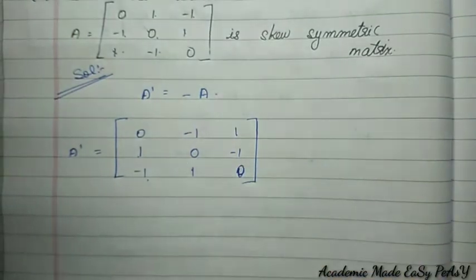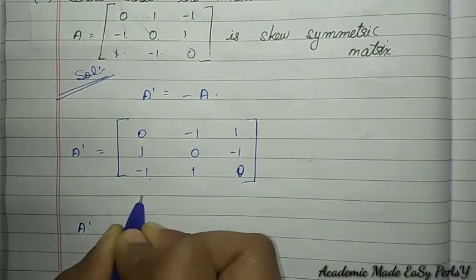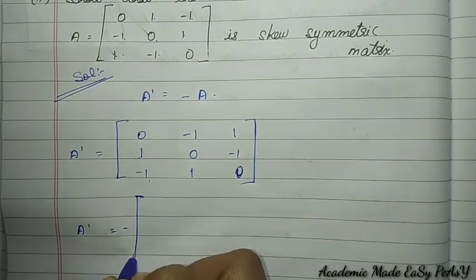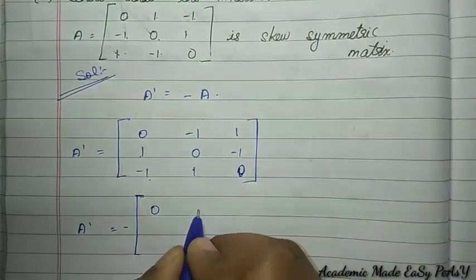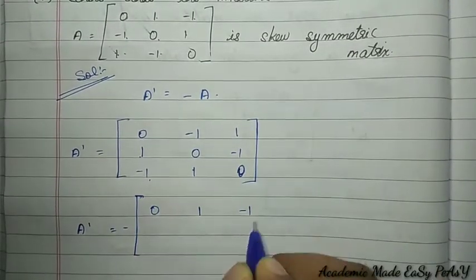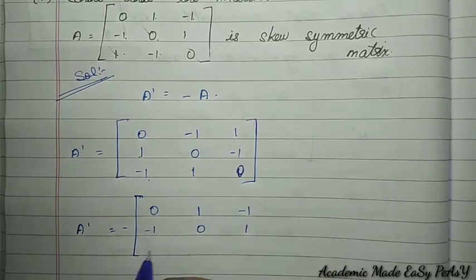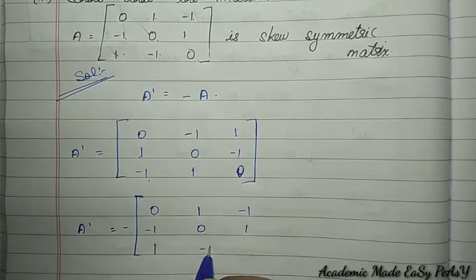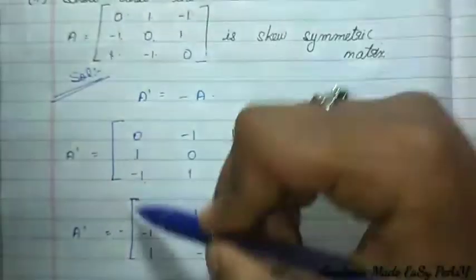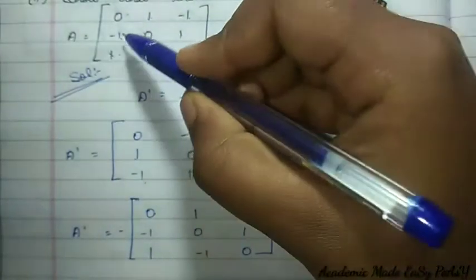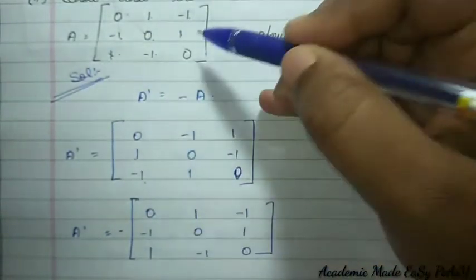So therefore, I will just take my negative sign out of the matrix. If I take the negative sign out, 0, negative will become positive, positive will become negative. Now you check: 0, 0, 1, 1, minus 1, minus 1, minus 1, minus 1, 0, 0, 1, 1, 1, 1, minus 1, minus 1, 0, 0.